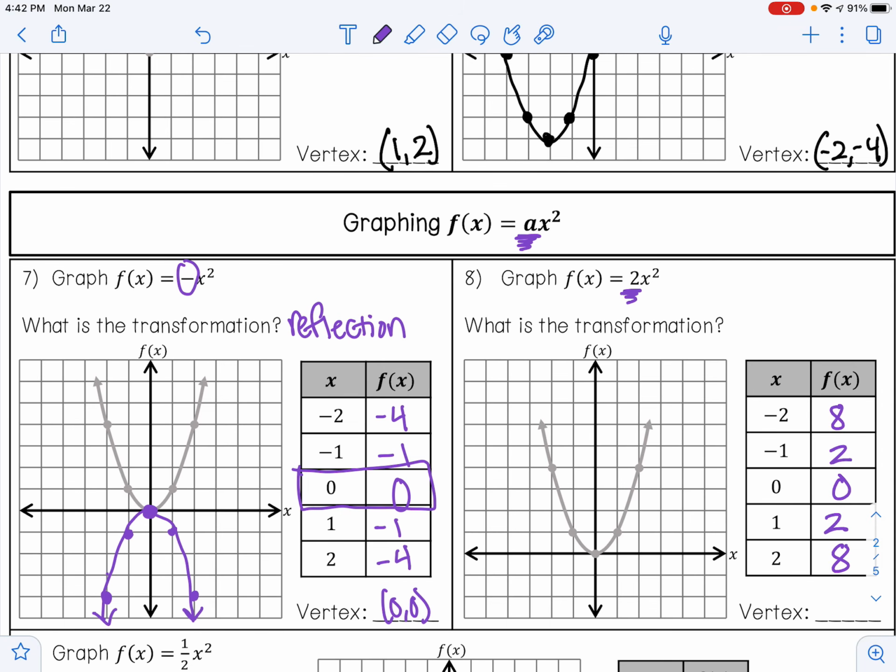And I'm just going to go ahead and plot those points. And so here is that new parabola. Whoops. That should be at 2. There we go.